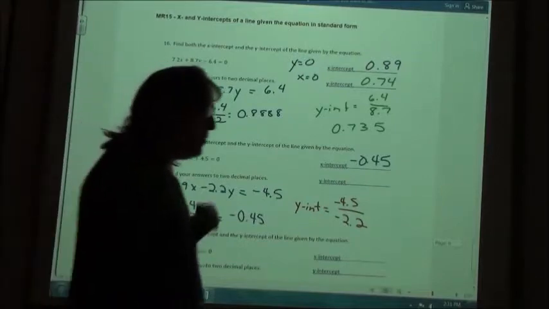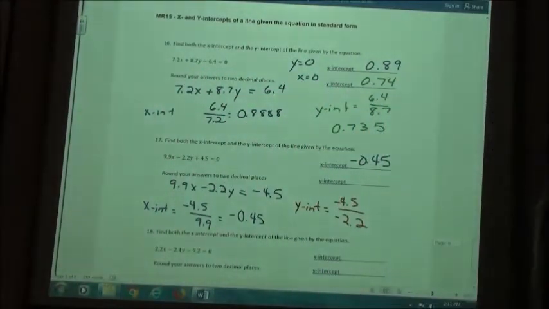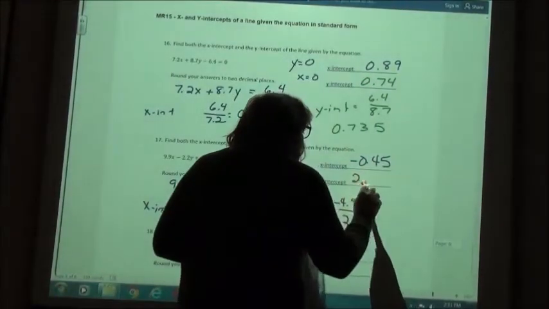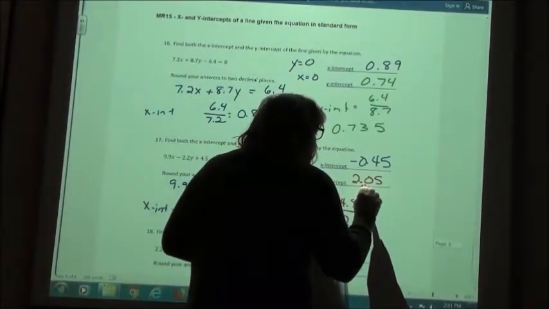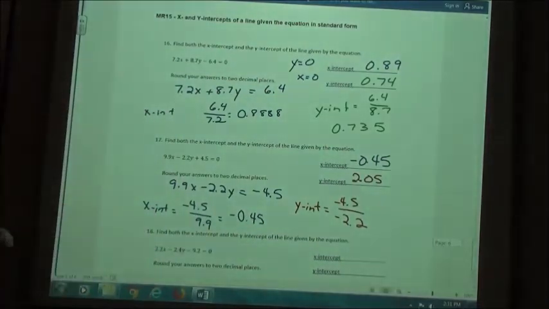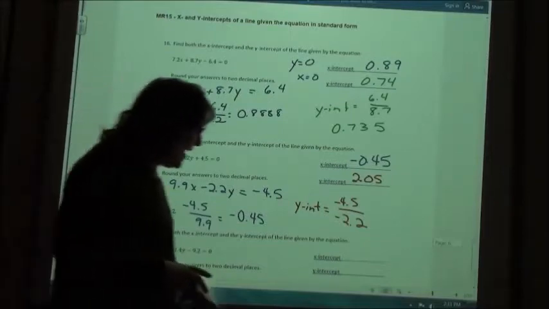And I would end up with what? 2.05. My marker doesn't want to put it exactly where I think it's going to go, and it always looks like it's in a weird spot. 2.05 is what you should get when you round that off to 2 decimal places. Go ahead and do number 18.